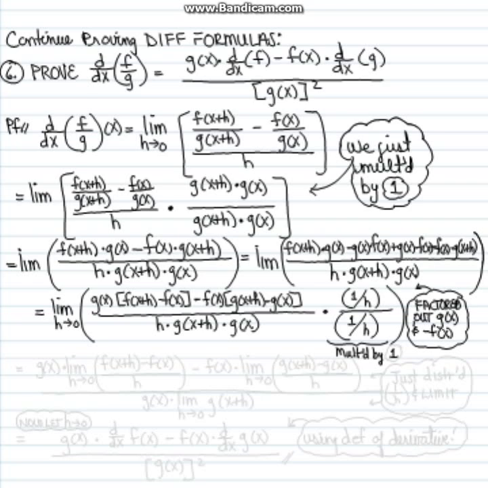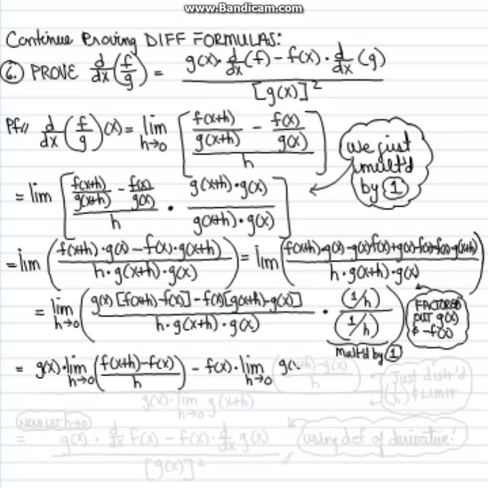Now let's distribute the 1 over h and the limit. That'll give us g of x times the limit of f of x plus h minus f of x over h. See, we went right over g of x because g of x does not depend on h, so we can just pull it right outside of the limit. Minus f of x times the limit of g of x plus h minus g of x over h.